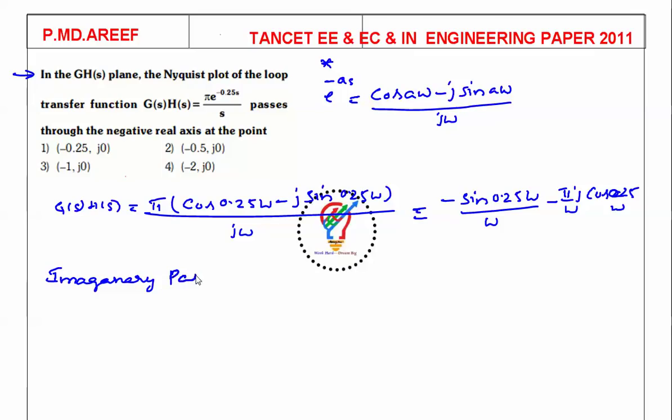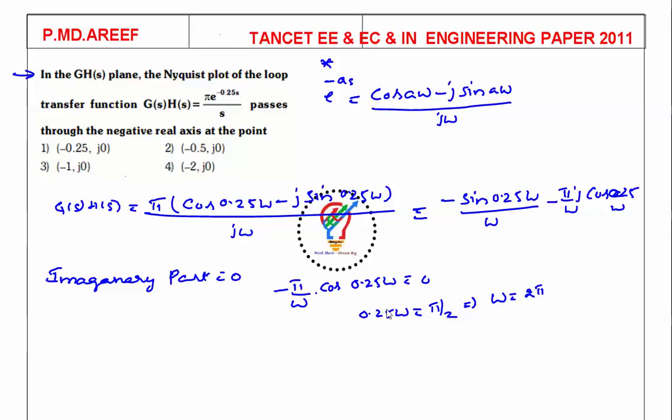The imaginary part is made equal to 0, to find whether the transfer function passes through the negative real axis, and at what point it touches it. So I write minus pi by omega times cos 0.25 omega equal to 0. Then 0.25 omega is 90 degrees, that is pi by 2, so omega equals 2 pi.